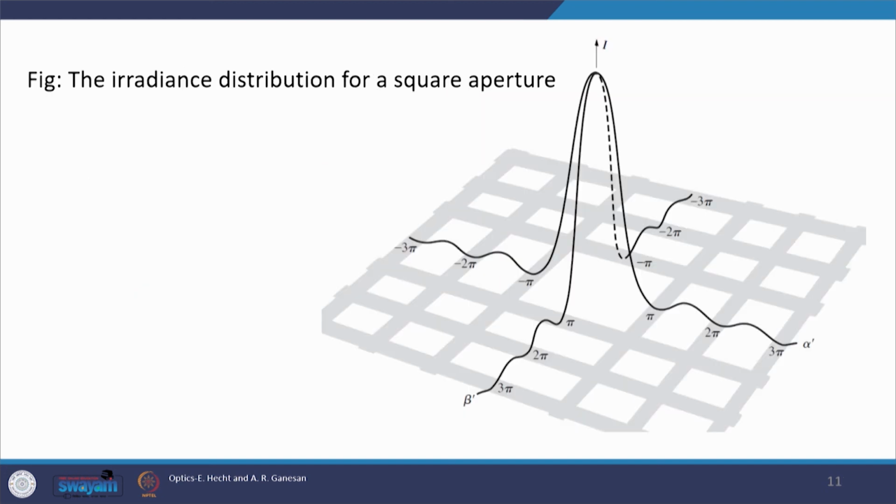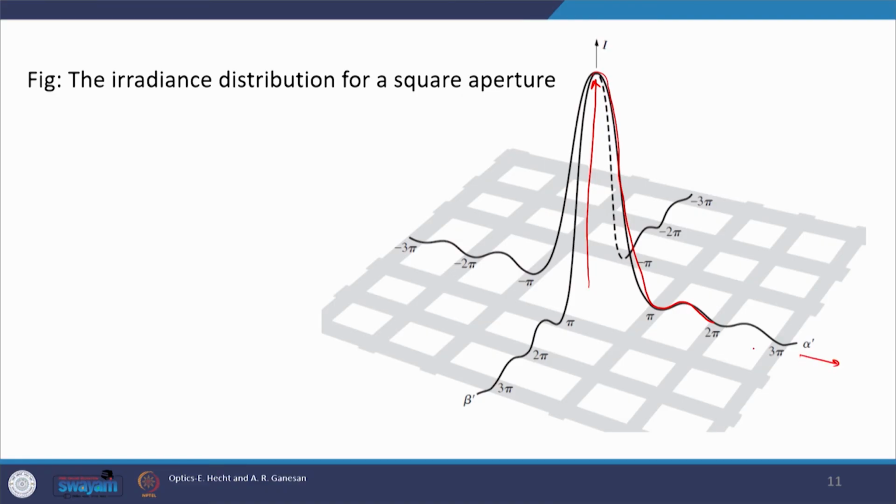Now, if you plot this, let us assume that our aperture is square, which is a special case of a rectangular aperture. Then you will see very good intensity at the center of the screen, and then there would be a pattern which is nothing but a sinc pattern. You see, in the alpha prime direction you get a sinc pattern which is like this.